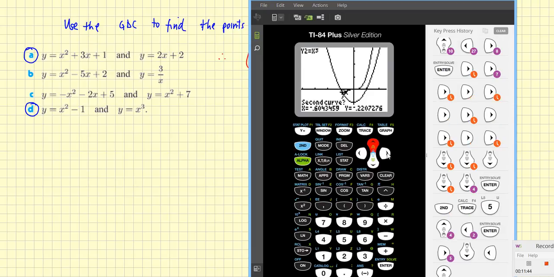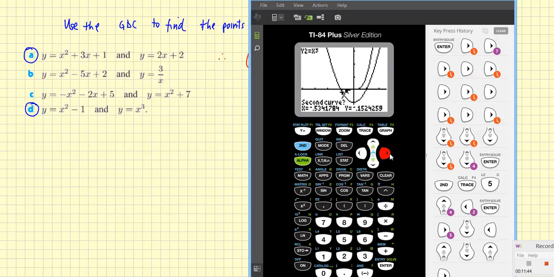Okay, I'm going to put it right there. That would be fine. All I did was use the arrow buttons up and down, as you can see from the press history. Then I press enter for the second curve.